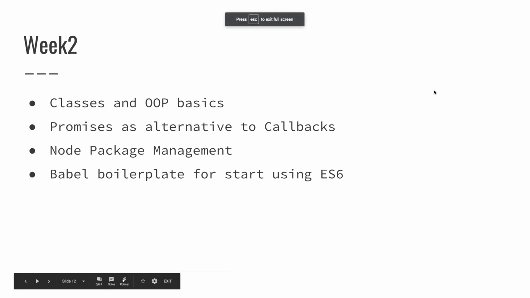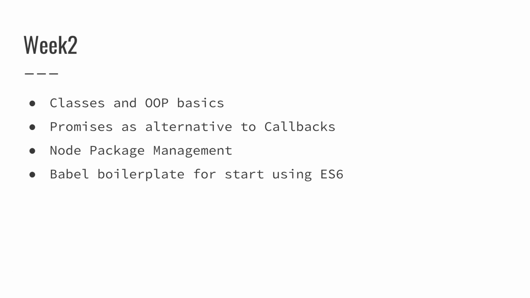So we're gonna look at classes and object-oriented programming basics. We skip the promises. We're gonna have another look at the Node package management system, and then we're gonna use Babel, which is a transpiler that will allow us to use ES6. But we can't use it right now.